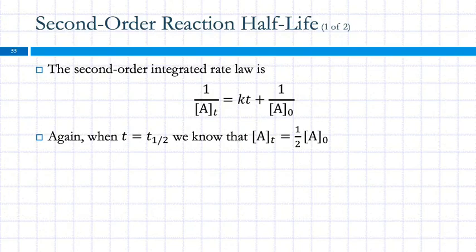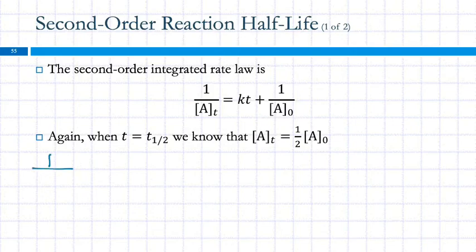Let's look at the second order. We calculate the equation for half-life in the same way. We take the second order integrated rate law, and we know that when T is T1/2, AT is equal to 1/2 of A0.